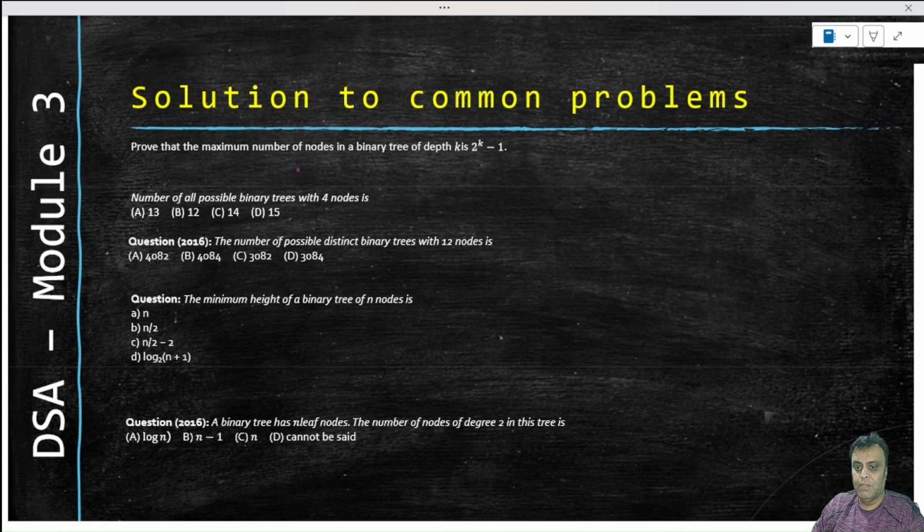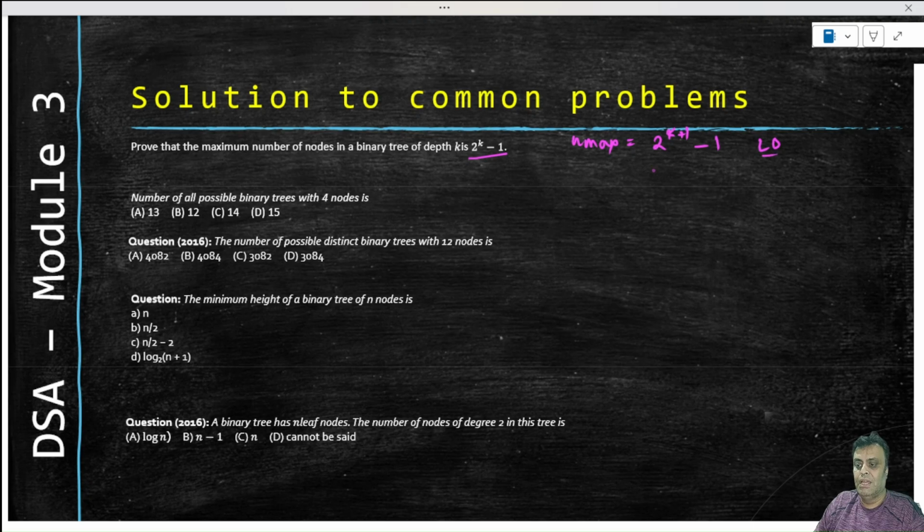We have proved that the maximum number of nodes of a binary tree of depth k is 2^k minus 1. Now here we had covered it. We had said that the maximum number of nodes n max is equal to 2 to the power k plus 1 minus 1. You can go back in the lecture and see, and we had assumed that our first level is level 0, right?